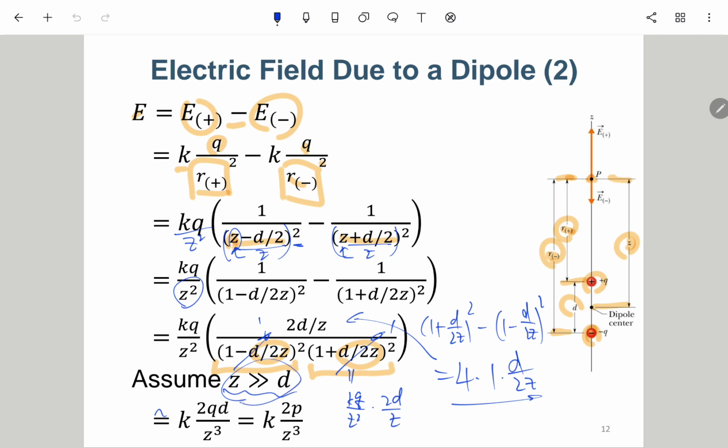So for this assumption, z is much larger than d, sometimes we call it the far field.